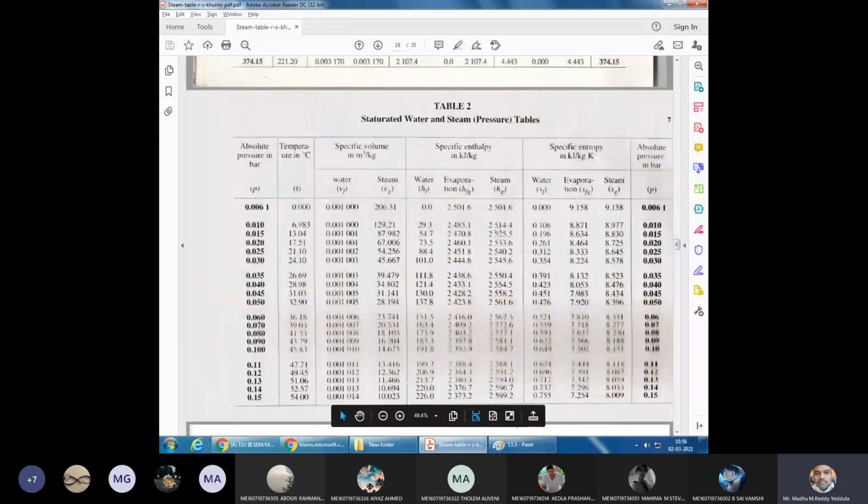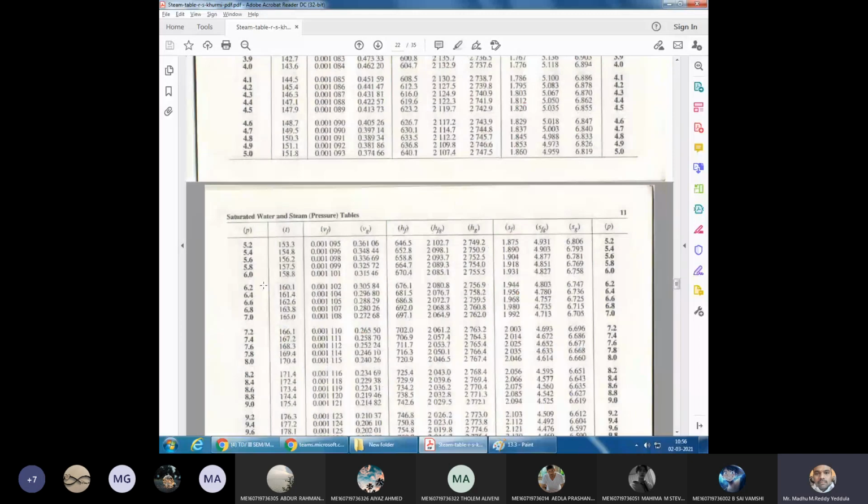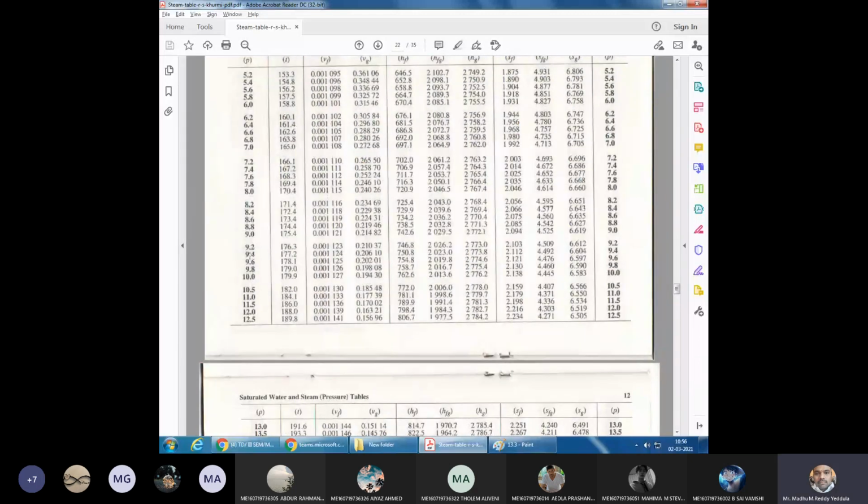So what is the given pressure? Given pressure is equal to 10 bar. Go through the 10 bar. At 10 bar pressure, what is the specific volume?